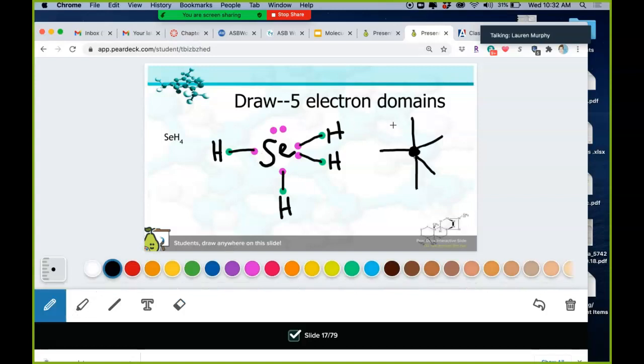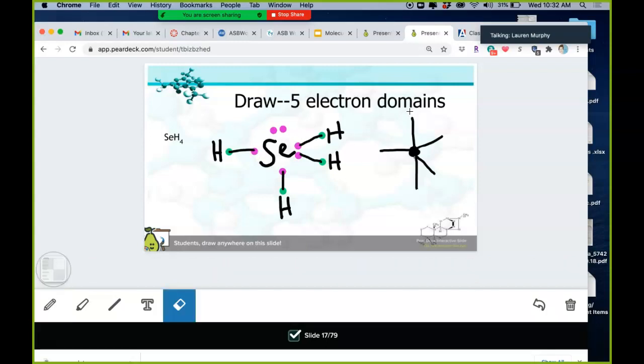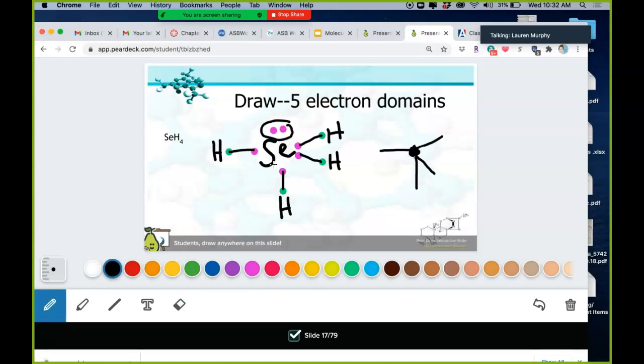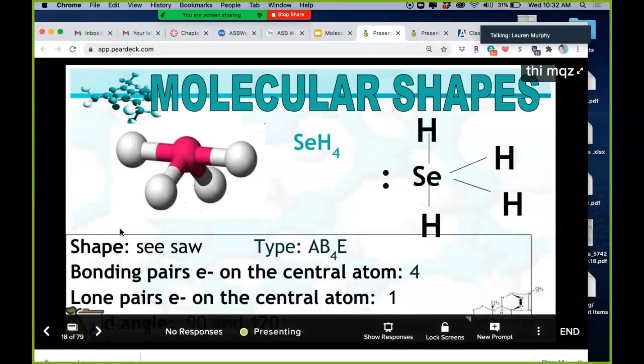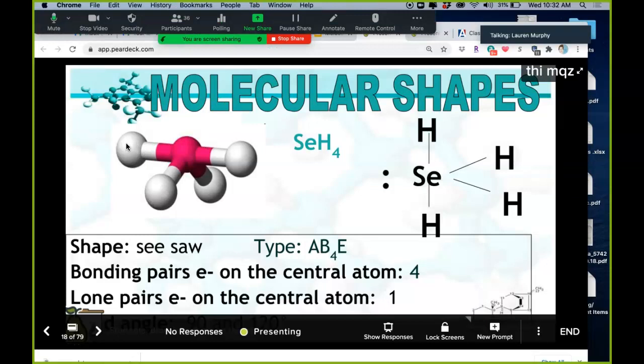Okay, so basically what we've done is we've taken something that was trigonal bipyramidal and we've replaced one of the bonded pairs with a lone pair. Now, if you rotate this and flip it on its side, it looks like a seesaw, like a teeter-totter, right?